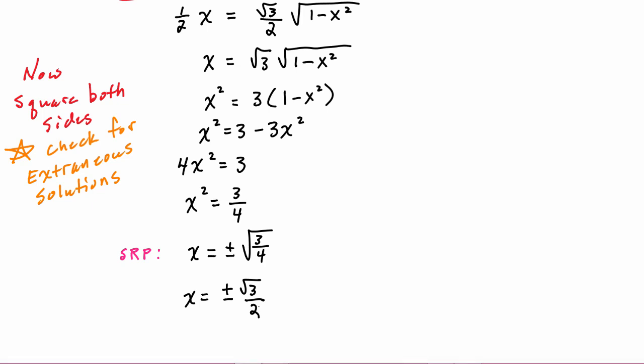Now remember, because we squared both sides, we know that means we will have to check in the original equation for extraneous solutions. So let's do our check over here.